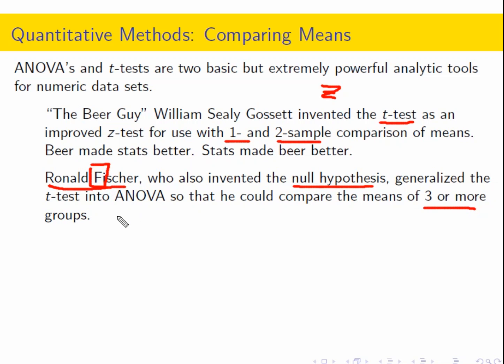And it's actually a group of statistical tests called ANOVA, which stands for analysis of variance. But we're just going to learn the basic one-way ANOVA, and we will calculate the F statistic. So Ron Fisher took what William Seeley Gossett had done and generalized it. So now we can do any number. Our grouping variable can have any number of groups in it.